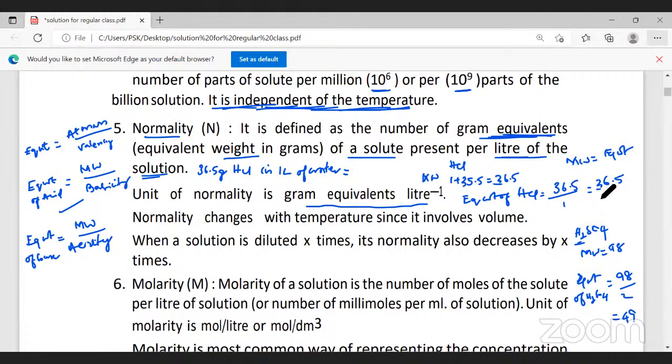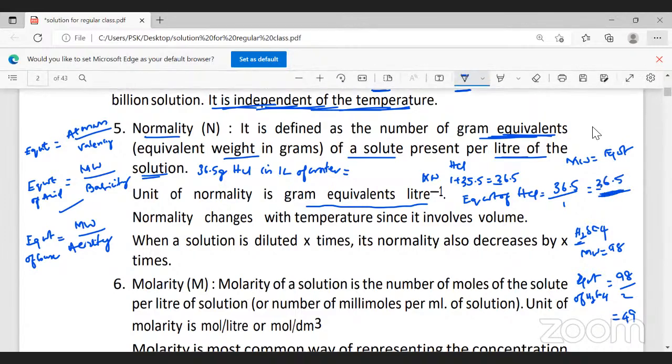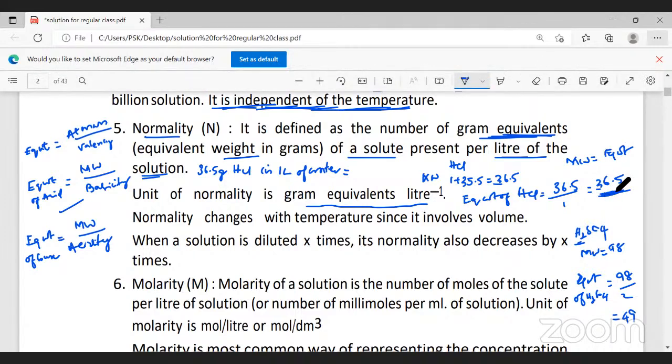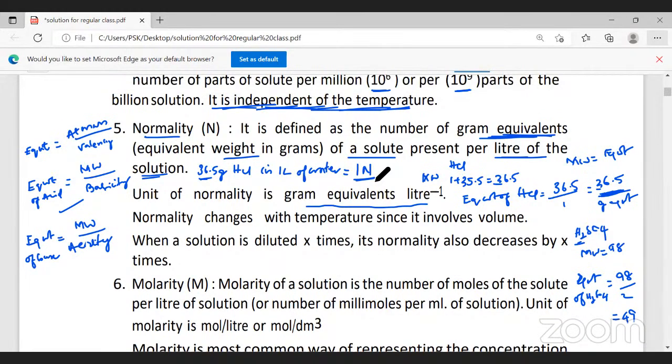We understood the equivalent weight of HCl. 36.5 grams will be called the gram equivalent weight. So 1 gram equivalent weight, that is 36.5 grams of HCl in 1 liter, will be called 1 normal.